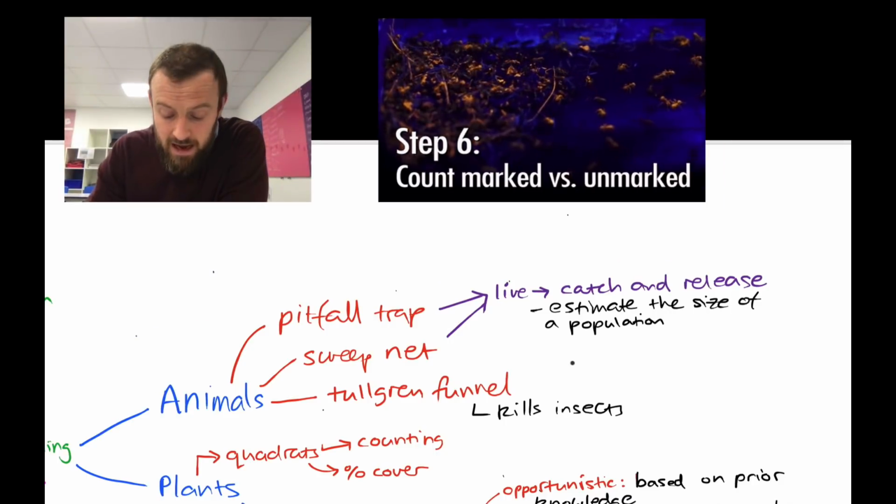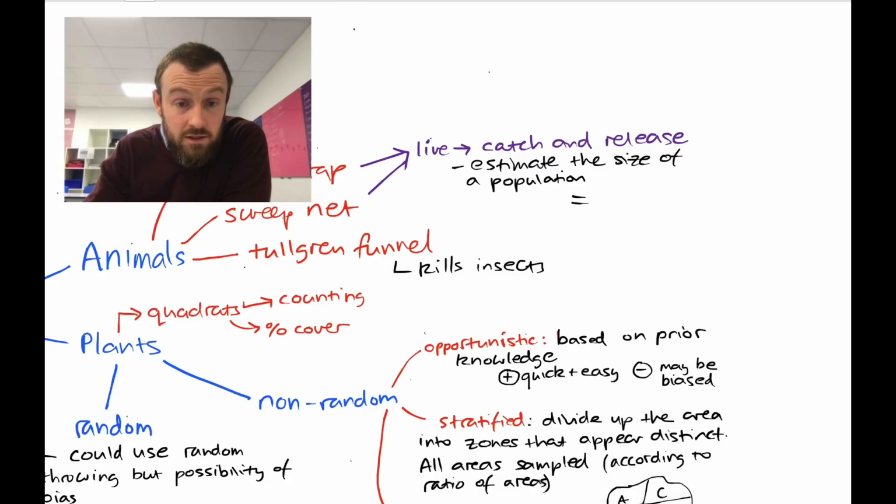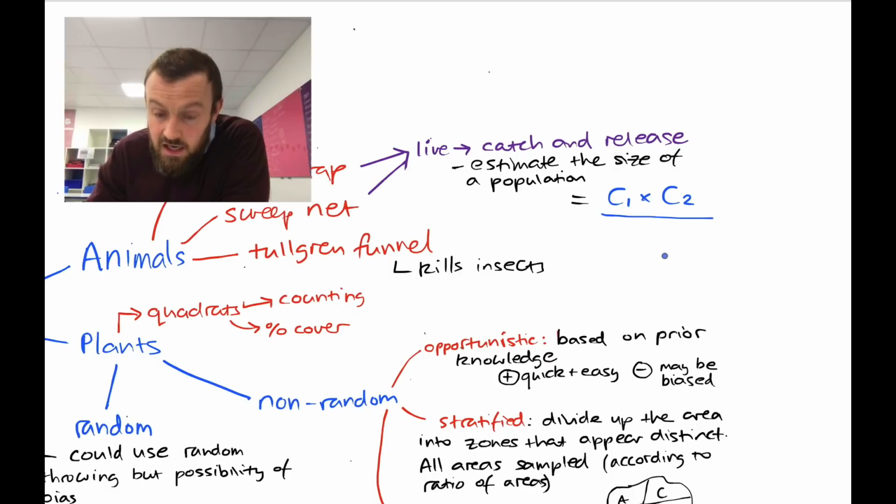And then you can do some maths. So the maths is this. Let's do blue. So C1 times C2 over CM.